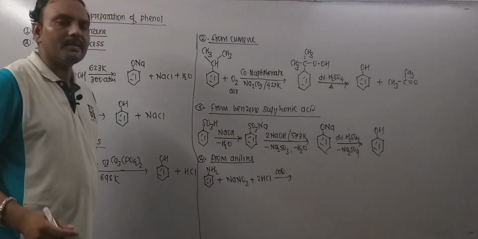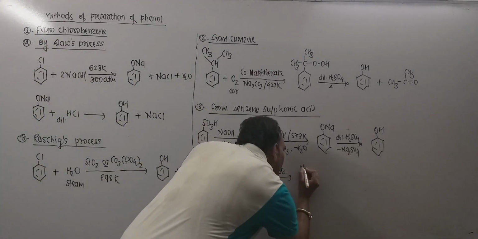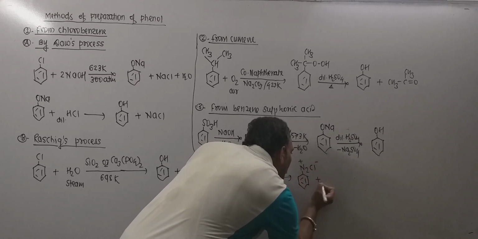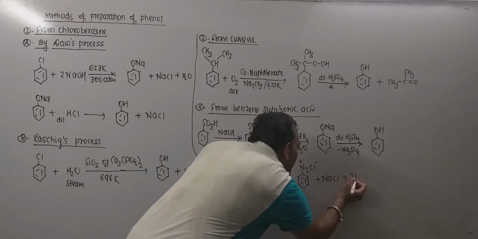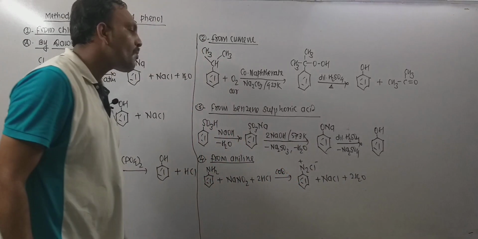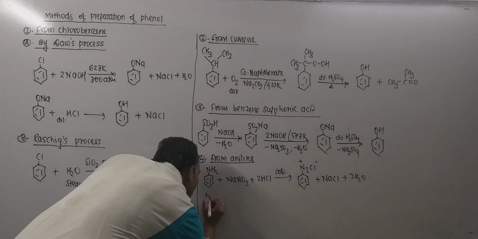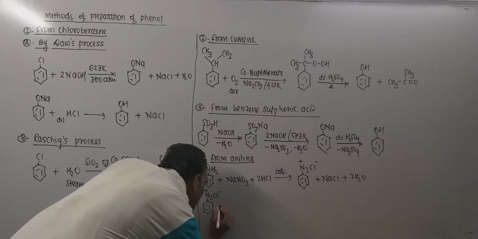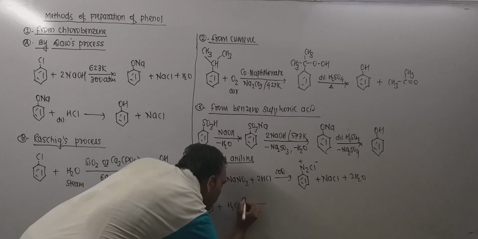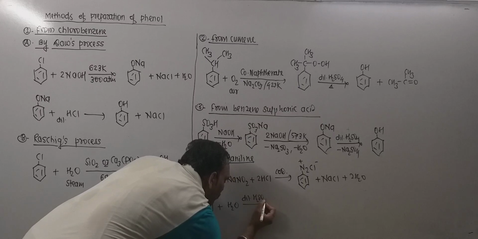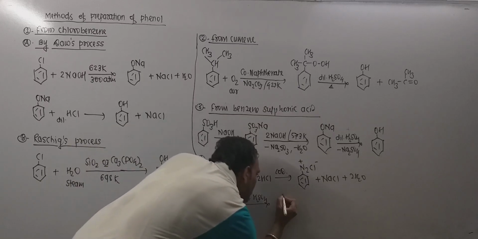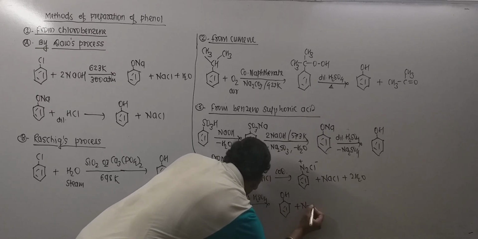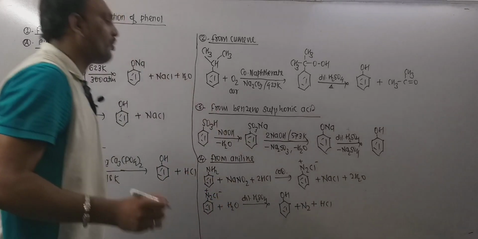By doing this, diazotization takes place, which leads to the formation of benzene diazonium chloride along with NaCl and H2O as side products. This benzene diazonium chloride obtained in the first step is hydrolyzed by using dilute H2SO4. Upon hydrolysis, phenol is obtained directly along with N2 and HCl as side products.